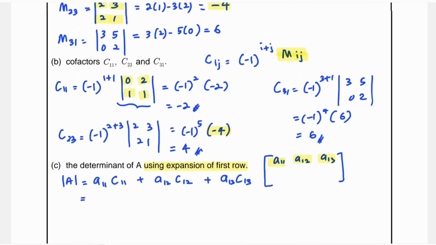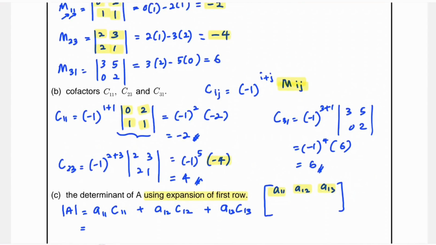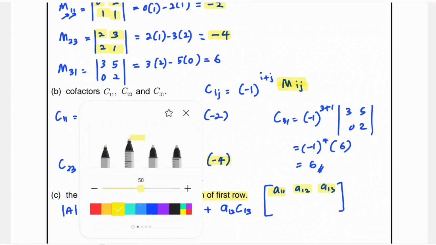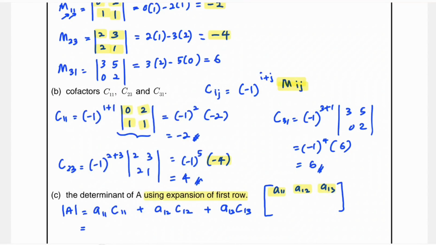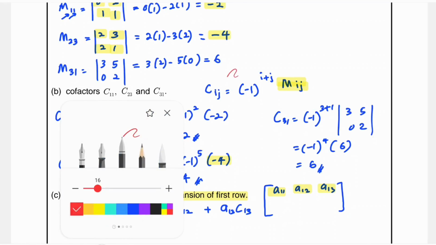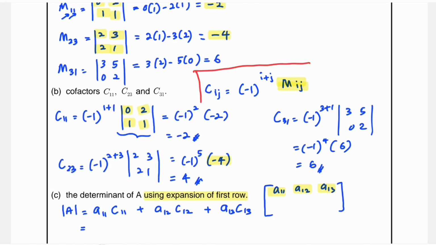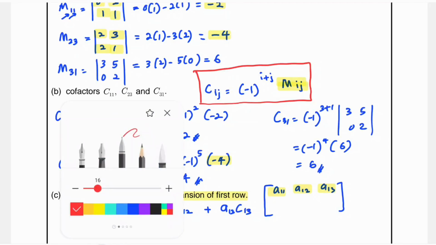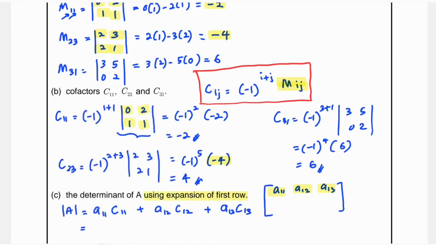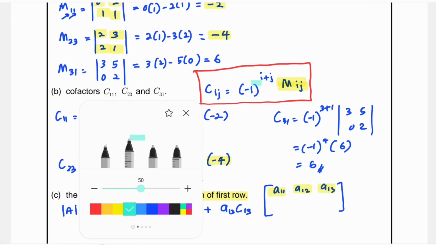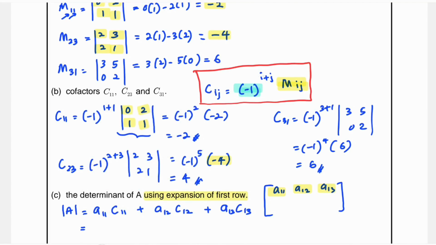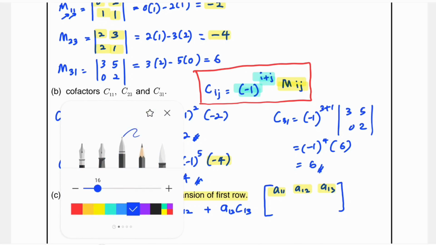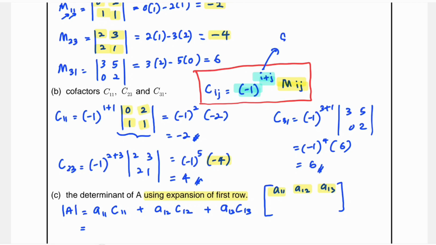But before that, there is something we need to highlight here, which is the cofactor formula. You need to understand that this part is known as the sign of cofactor.